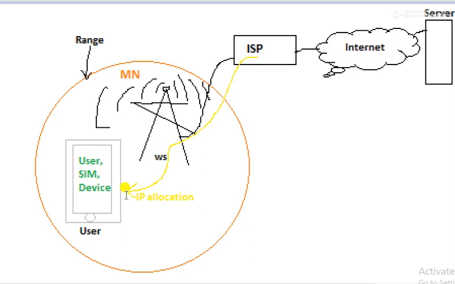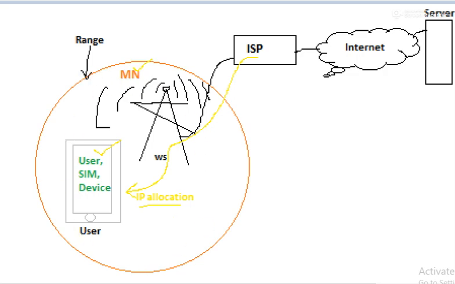When the IP address is allocated, this device will be recognized within this formed home network only, or so called mobile network only, and this IP address which is allocated is only useful within this mobile network or home network only.